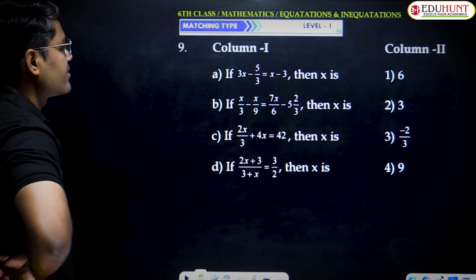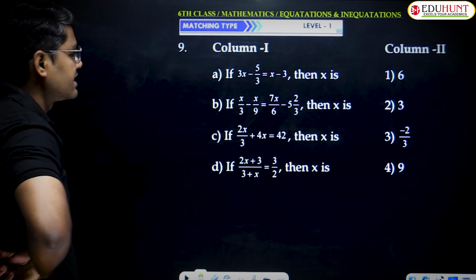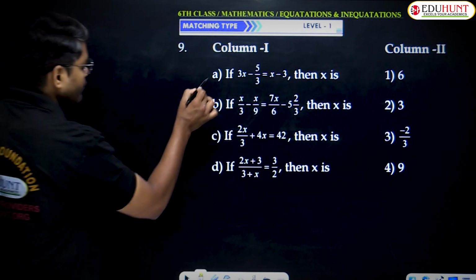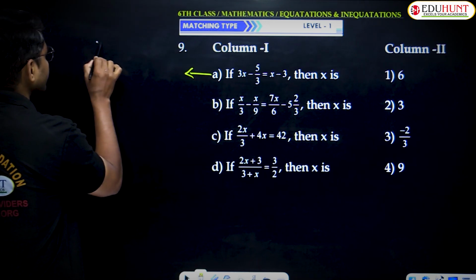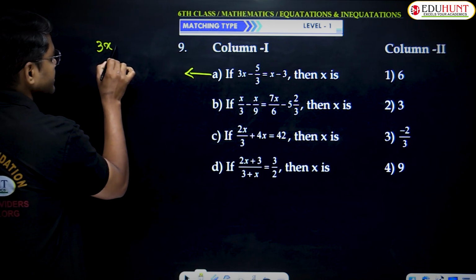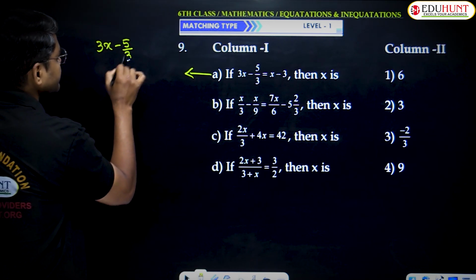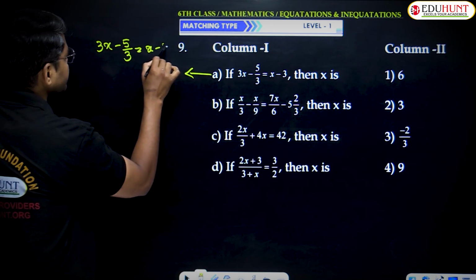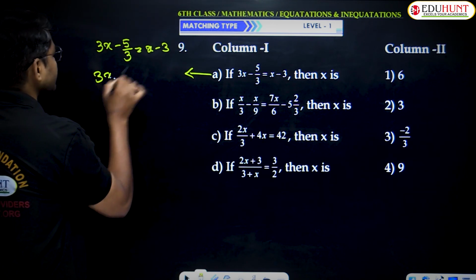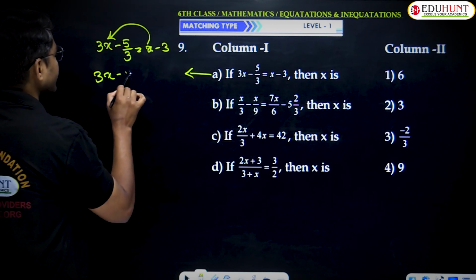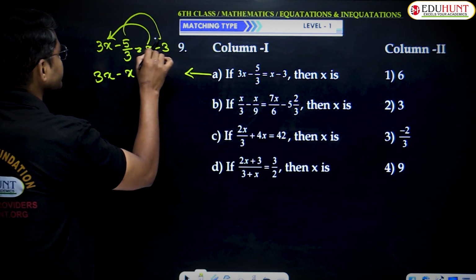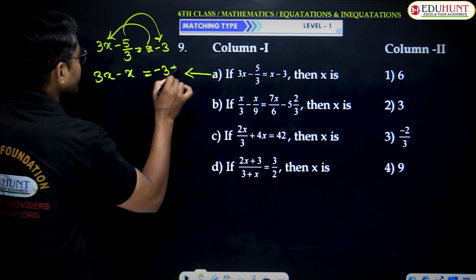Matrix match. 3x minus 5 by 3 is equal to x minus 3, then x is equal to. Let us solve one by one. 3x minus 5 by 3 equal to x minus 3. 3x, this becomes minus x is equal to, this becomes plus, minus 3 plus 5 by 3.